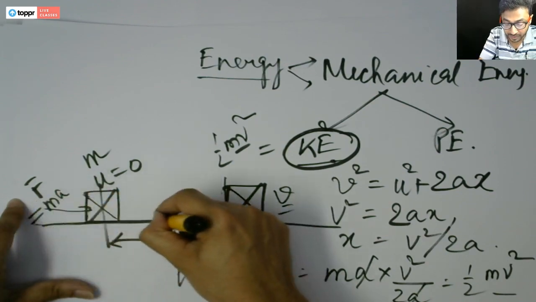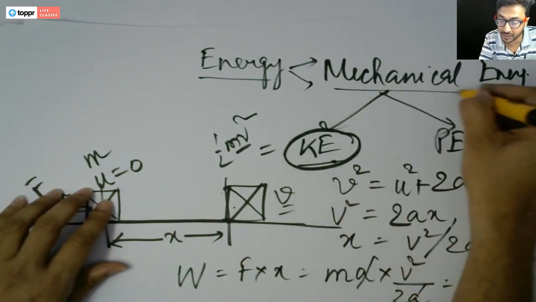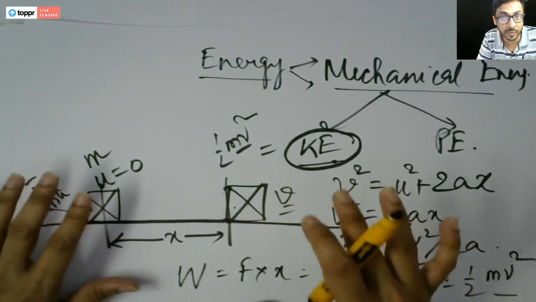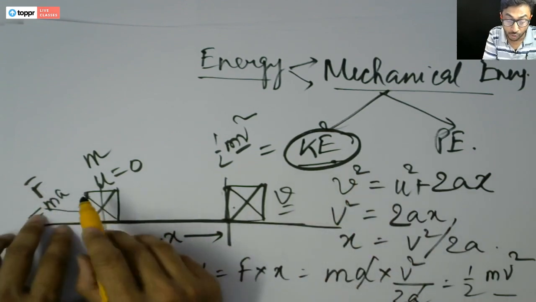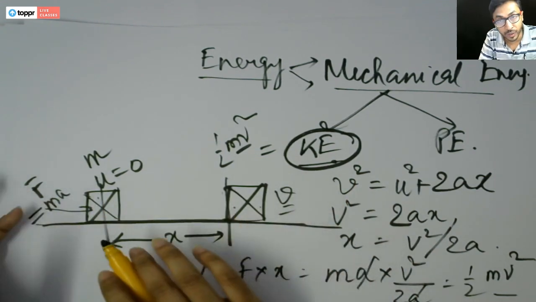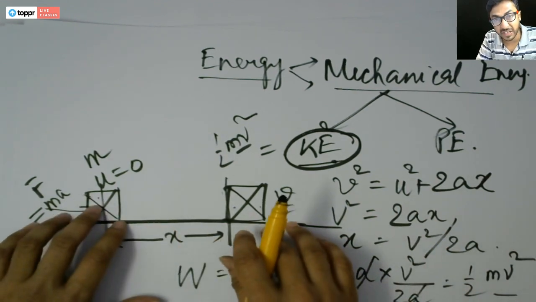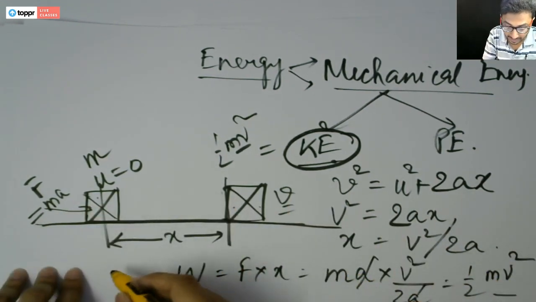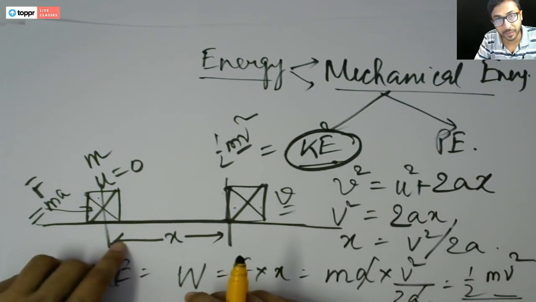See, the body is at the same level, so no other form of mechanical energy like the potential energy, we don't have any potential energy here. So the only energy in which the work is getting translated is the kinetic energy. Then definitely the kinetic energy of the body should be half mv squared.